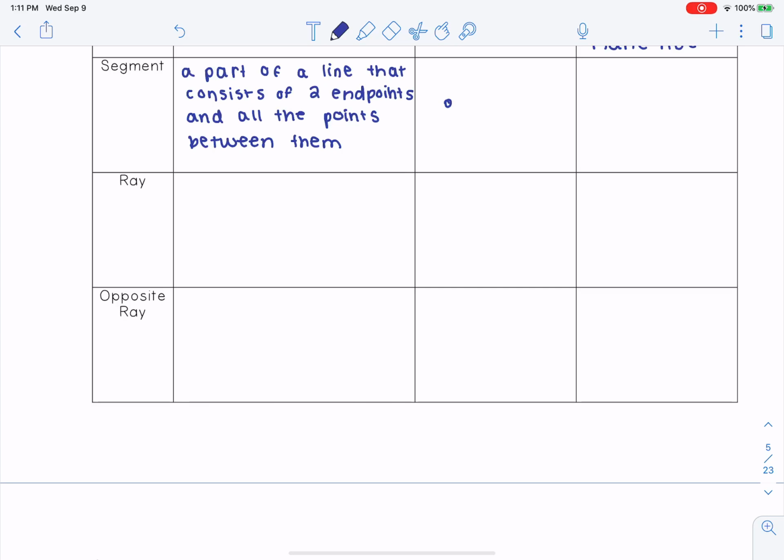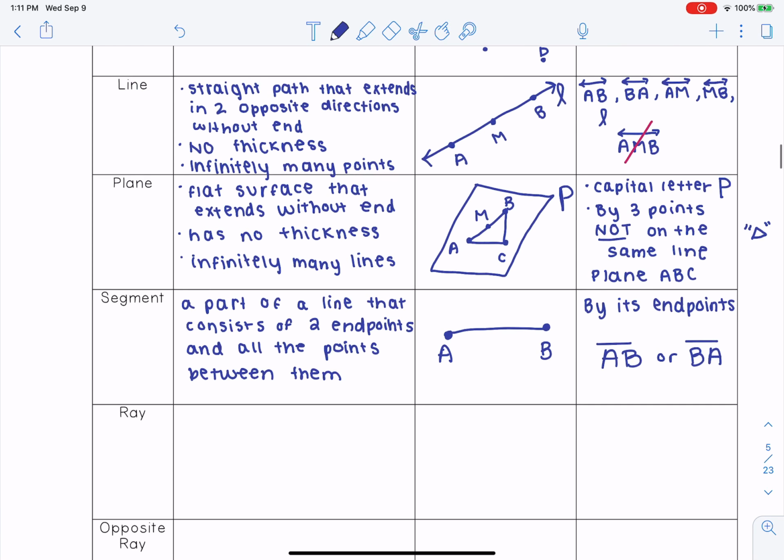So it might look like this. A, B. And we're going to name it by its endpoints. So we can either say AB or I can say BA. Notice this time I'm not putting arrows like I did for the lines. I'm just putting a straight line.